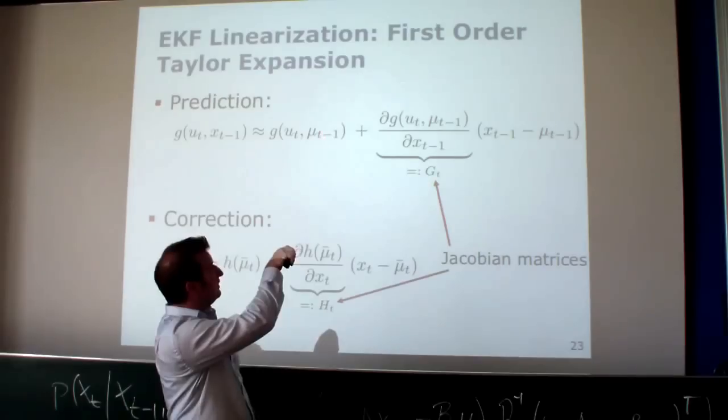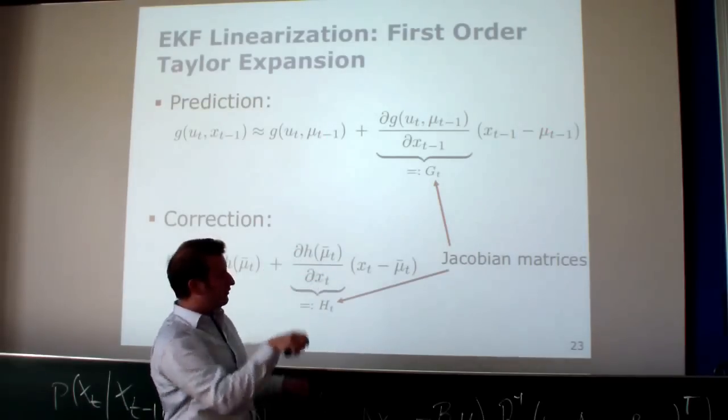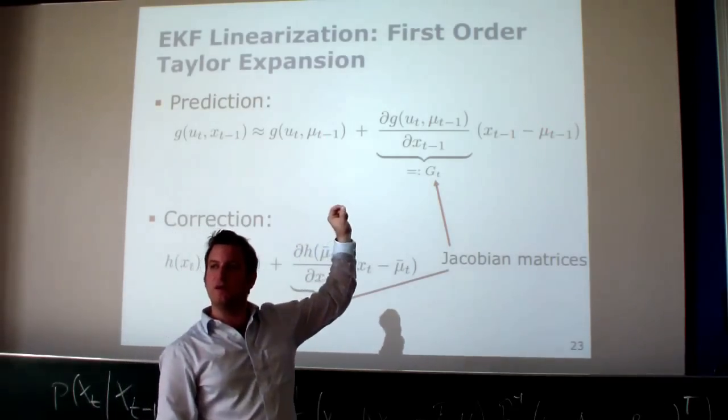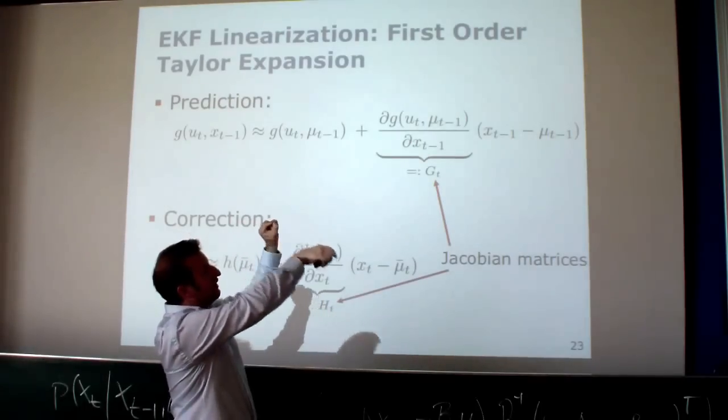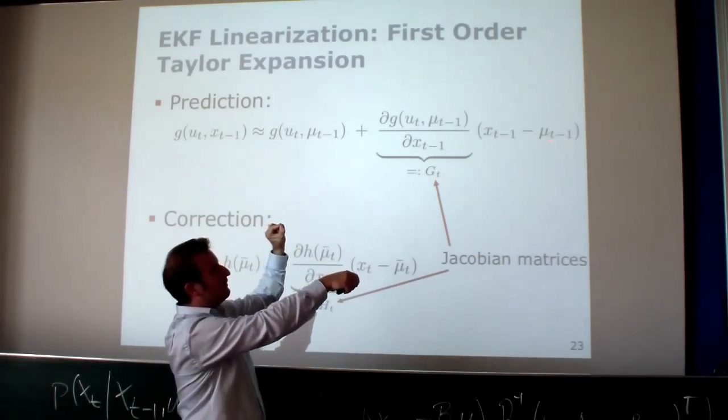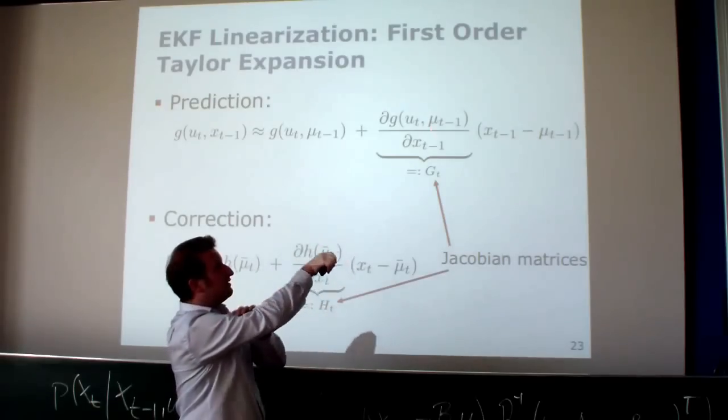So I linearize in x_{t-1}, I evaluate the function at x_{t-1}, and then I compute the first derivative at that point of the function, and then say how far I am away from my linearization point, and this is then a linear function again.